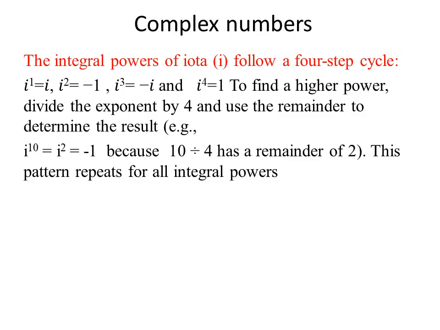For example, i^10 is equal to i² is equal to -1, because if you divide 10 by 4, the remainder is 2. Therefore, i² is equal to -1. This pattern repeats for all the integral powers.